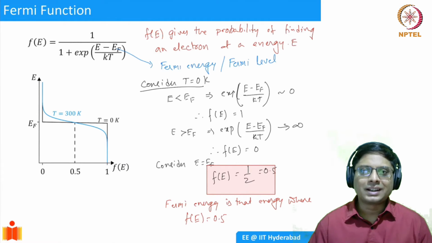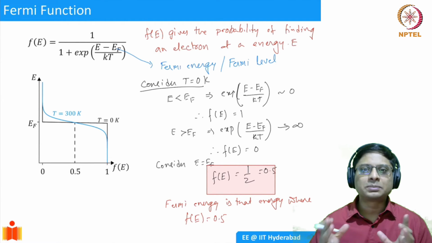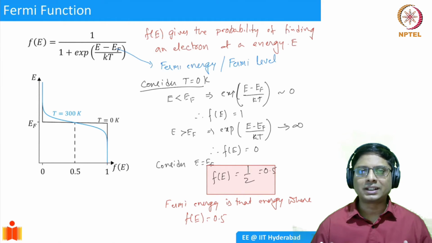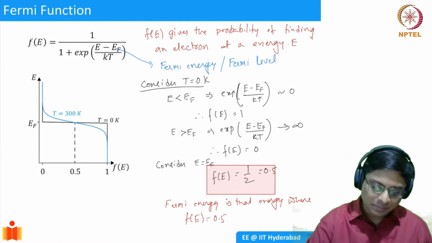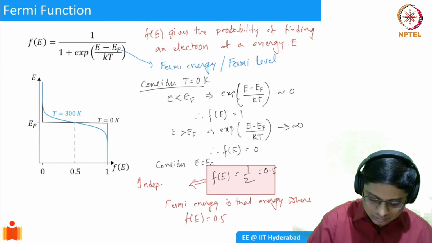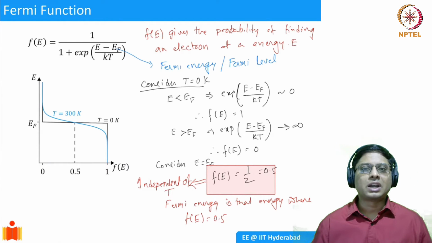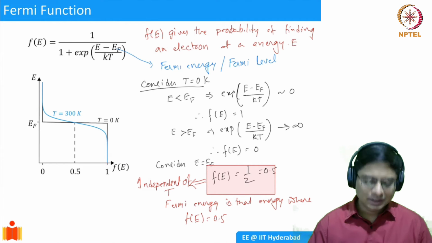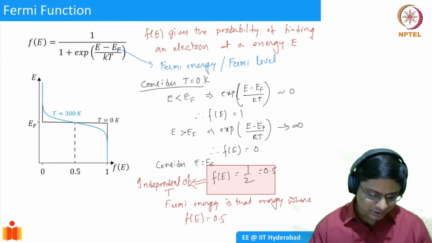What happens at higher temperatures? Think about it. If you look at the expression for the Fermi function at E equal to EF, you saw that it is basically independent of temperature. So f of E is going to be half no matter what the temperature is. If you analyze it and plot it in MATLAB or Python, the graph is shown here. It looks like this.